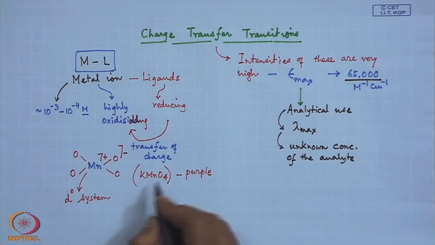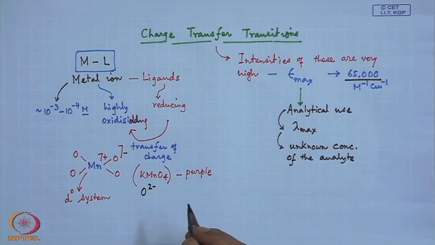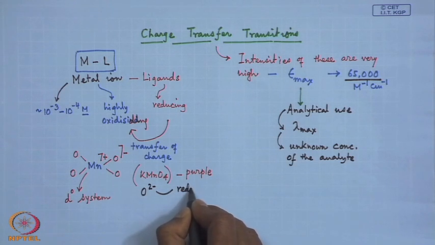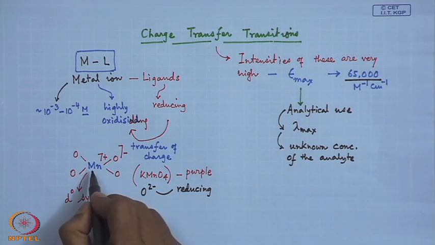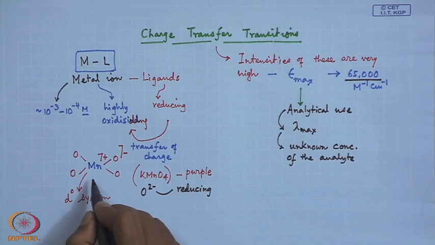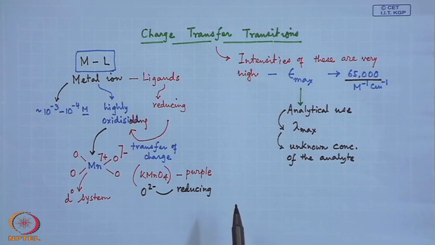These oxygen atoms are all behaving as O2 minus, which is reducing in nature, and this manganese center in the 7+ oxidation state will therefore be highly oxidizing. As a result we get the charge transfer transition in the purple region.